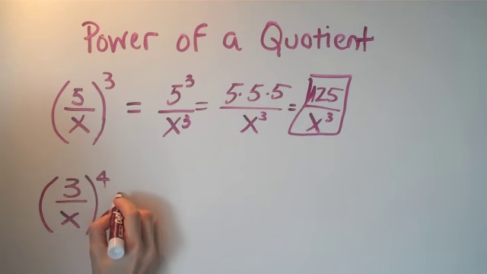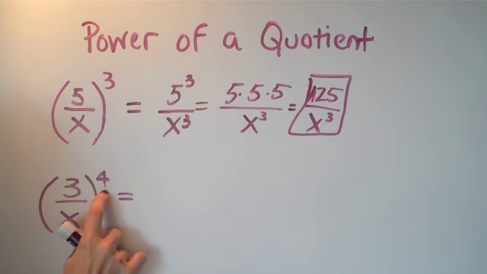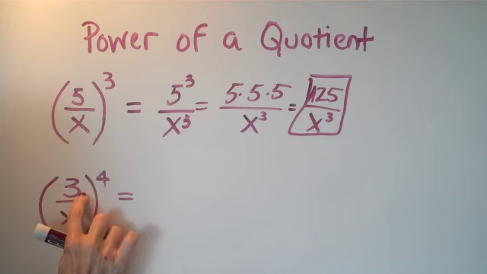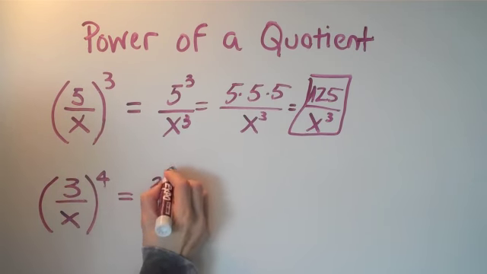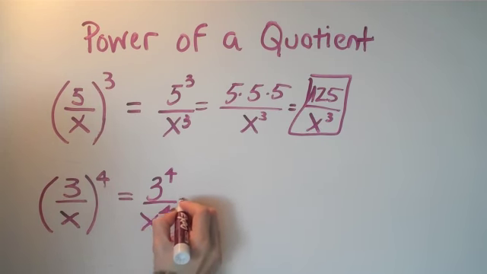Let's do it again with this fraction. So 3 over x, or 3 divided by x, raised to the 4th power becomes, you're going to distribute this 4 to the 3 and also to the x. So it becomes 3 to the 4th power divided by x to the 4th power.